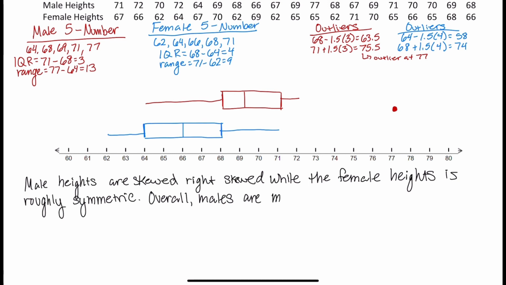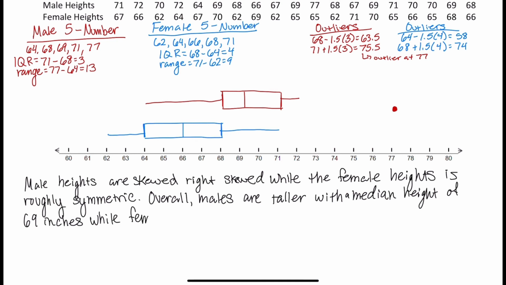Males are going to end up being taller, and that's because they have a median height of 69 inches, while females were shorter, with, in this case, 66 inches.